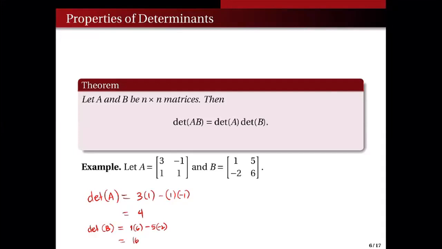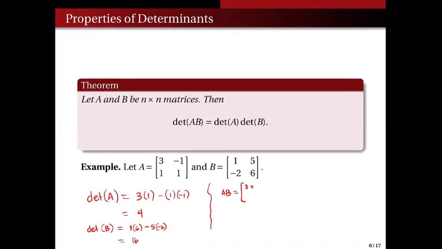So in here, on the left-hand side, we need the product AB. So let us multiply AB. We have 3 times 1, that's 3, plus negative 1 times negative 2, that's positive 2. And then 3 times 5, that's 15, plus negative 1 times 6, that's minus 6.